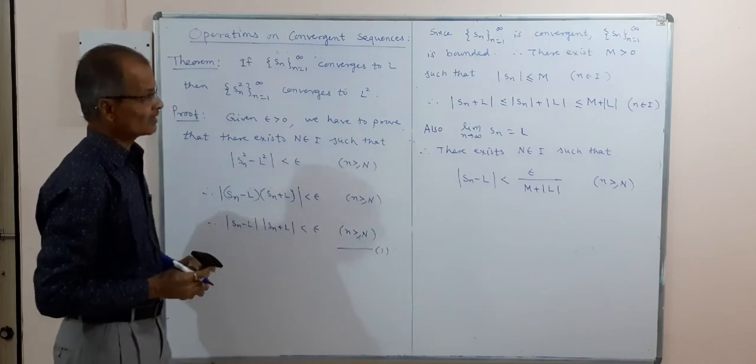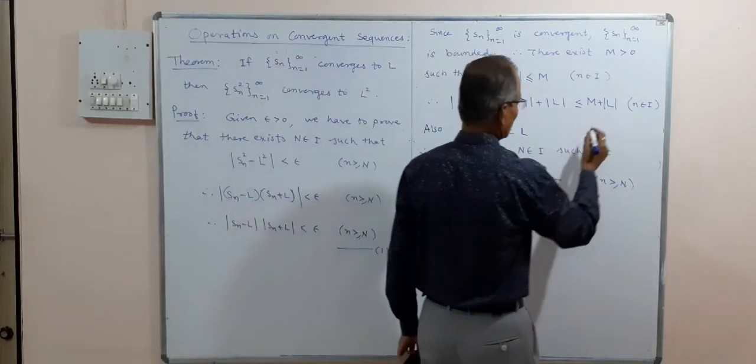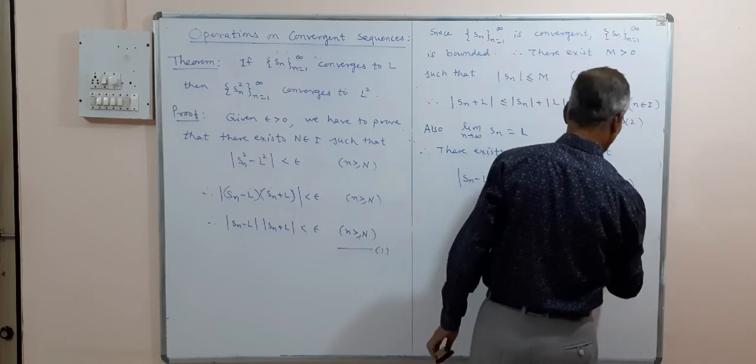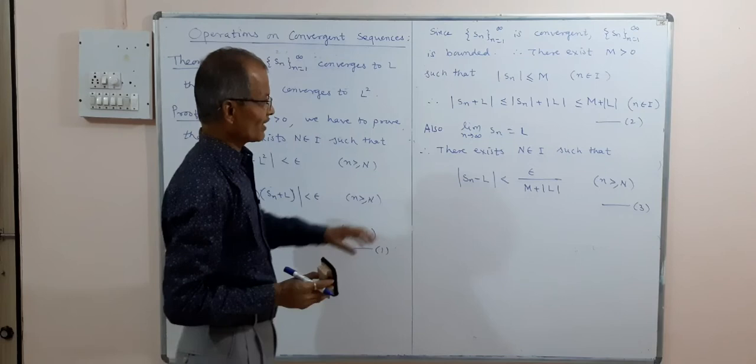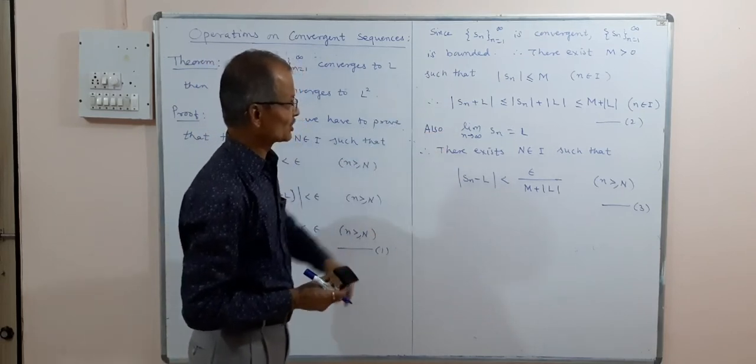And now we shall call this second and third. And now we combine second and third. Now see, from 2 and 3 we multiply the left sides.